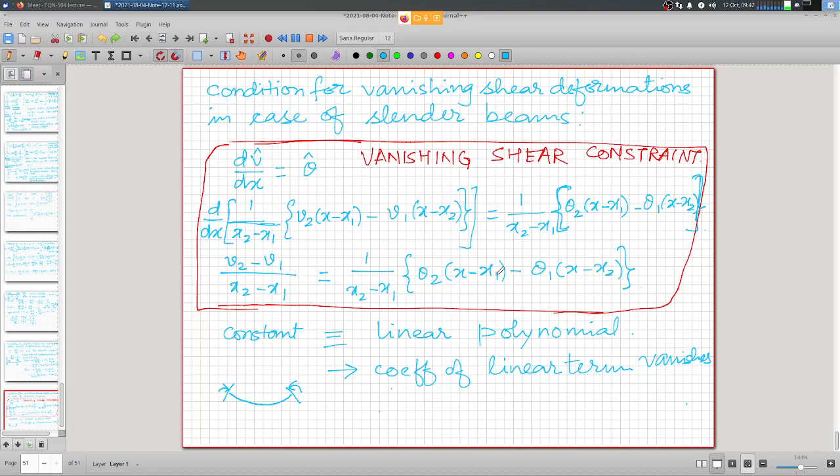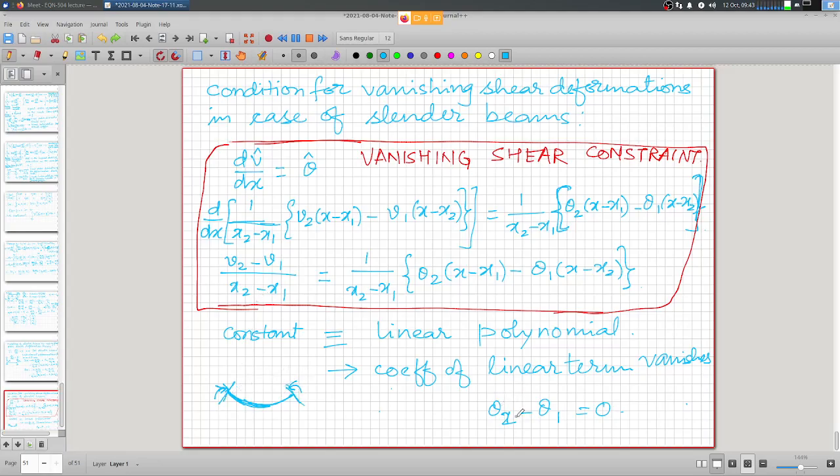So what we are referring to here, theta 2 minus theta 1 is equal to 0, they can never be cancelling out if the beam has to deform in a circular arc fashion, like in the pure flexure case, when the section rotations are of opposite sign.